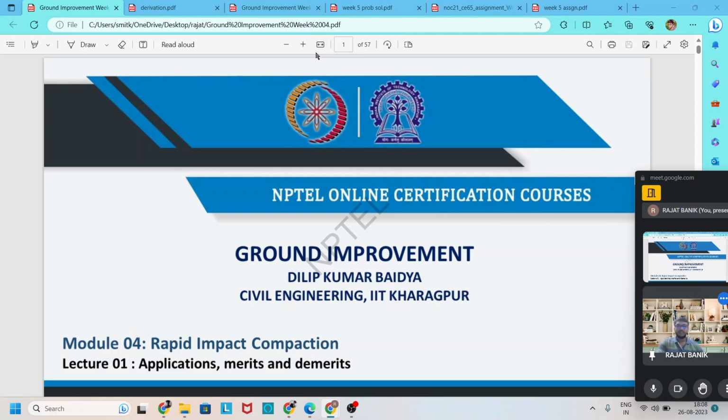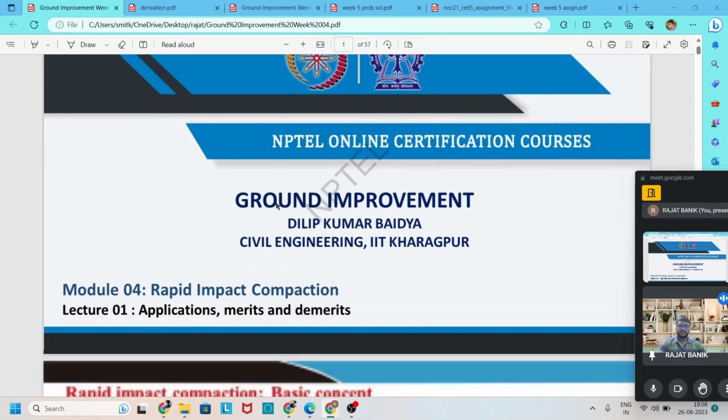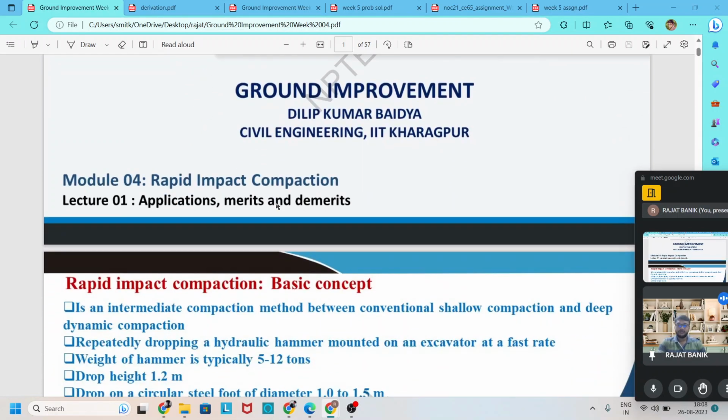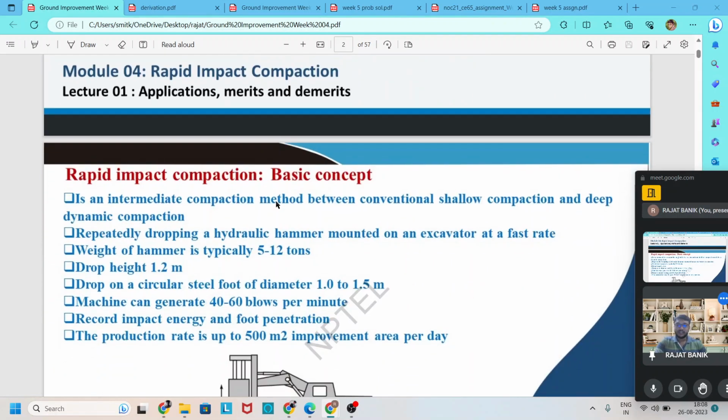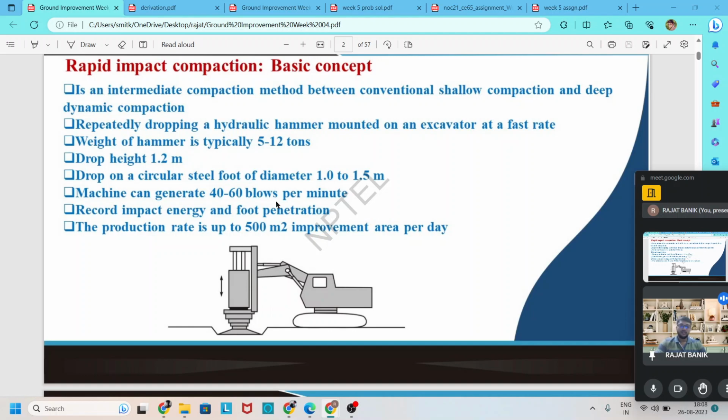In the previous week, we discussed rapid impact compaction, its applications, merits and demerits, how it is applied in the ground, and the different techniques applied, such as 40 to 60 blows per minute.